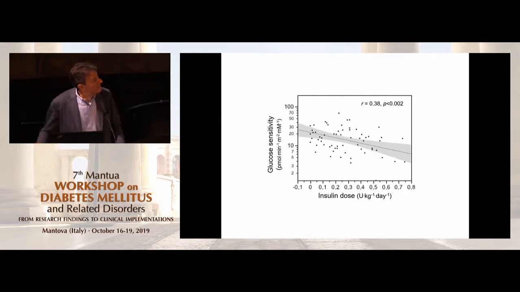What was less expected is that glucose sensitivity, as measured from the mixed meal test, was very well reciprocally related to the insulin dose. So not only is there production, but the sensitivity of the beta cell, which is the main function of the beta cell in physiological terms, was related to the exogenous insulin dose. So the better the patient's beta cell glucose sensitivity, the lower the need for exogenous insulin.